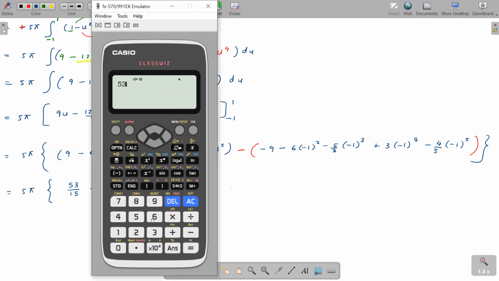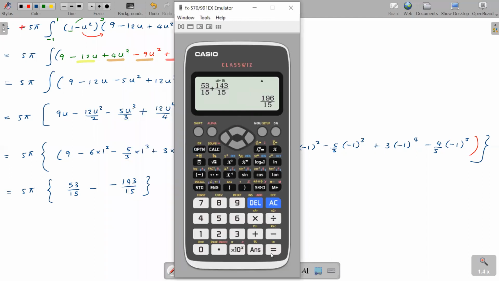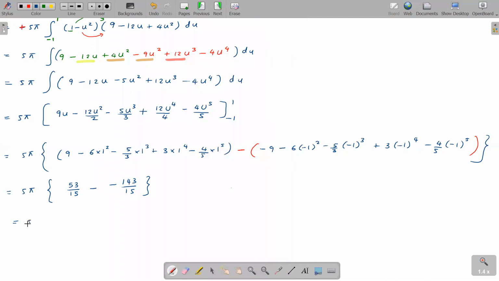So then 53 over 15 minus, minus is a plus, 143 over 15. And I get 196 over 15. So what happens when you multiply with 5? 196 over 3, and this is the volume.